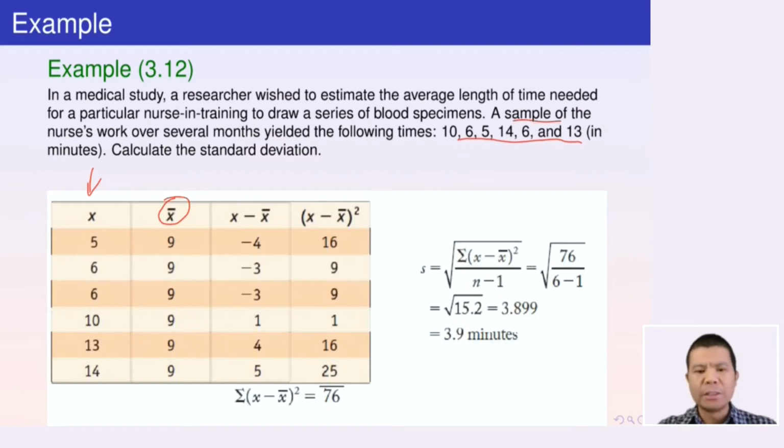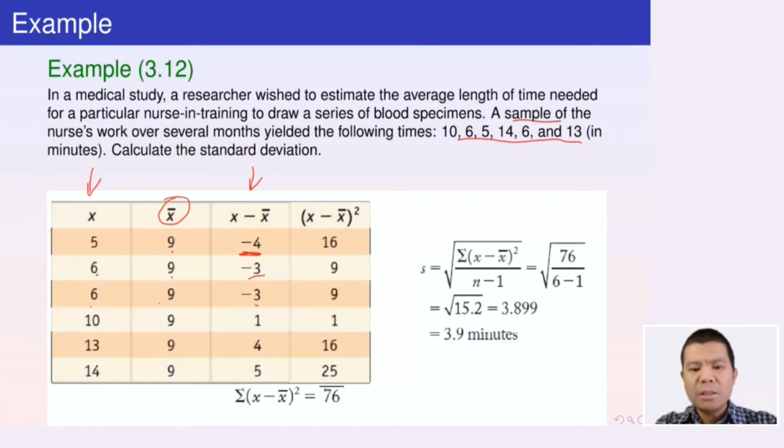Then in the third column, we find the deviation, the difference between the individual value and the mean. For instance, 5 minus 9 is -4, 6 minus 9 is -3, 6 minus 9 is -3, 10 minus 9 is 1, 13 minus 9 is 4, 14 minus 9 is 5.